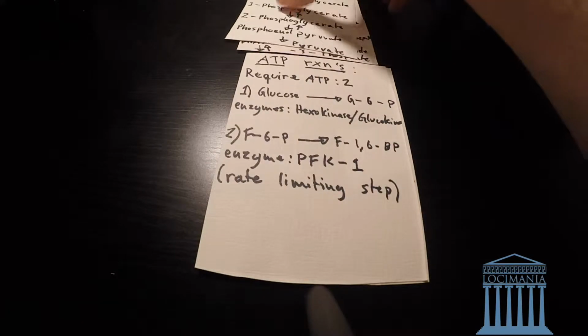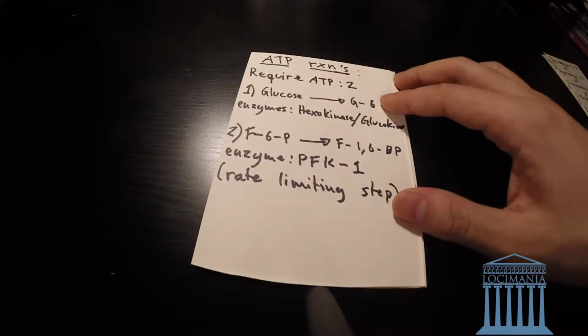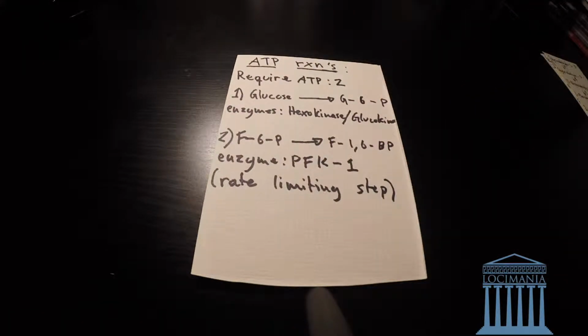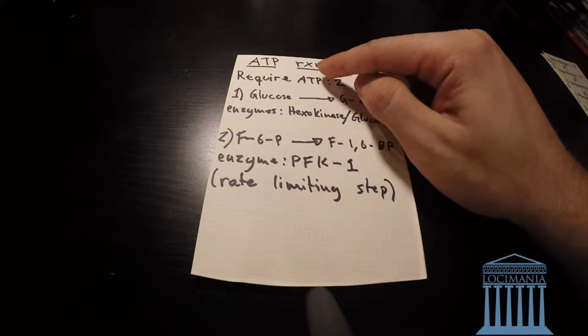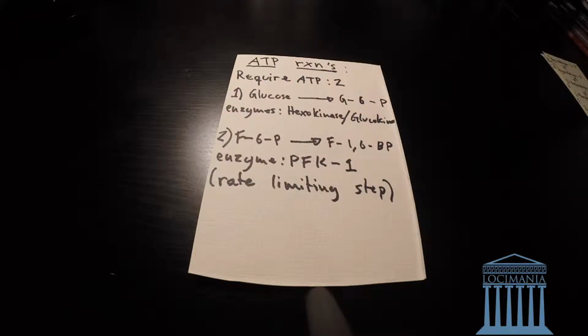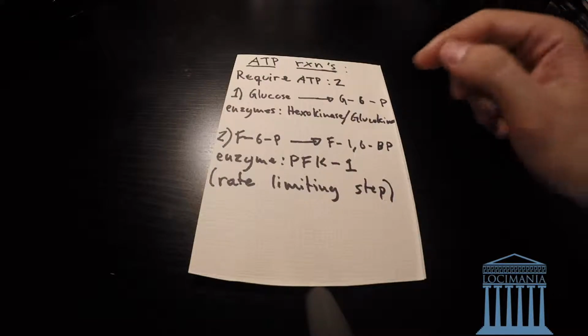Let's move on. So we have some ATP reactions in the glycolysis. So the first 2 ones are the ones that require ATP. Glucose to glucose 6-phosphate requires ATP.